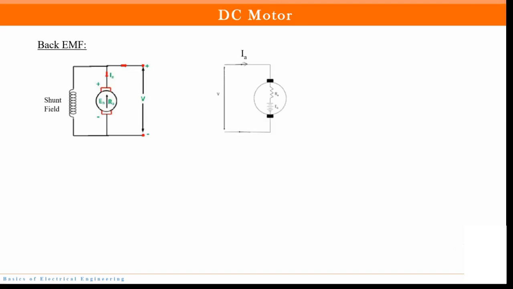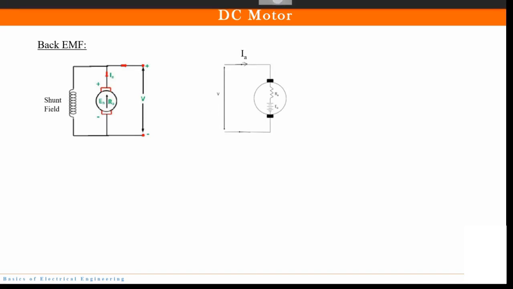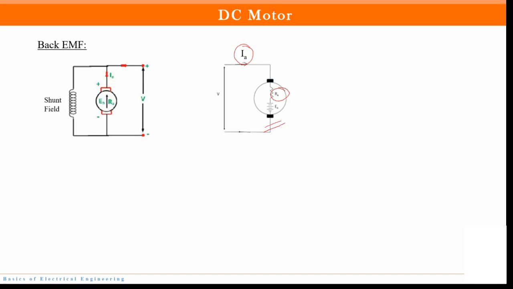The equivalent circuit of back EMF is shown in this figure. So you have armature current, right? So this is armature current flowing. This is the armature resistance and this is the voltage. So this is how back EMF is represented, right?